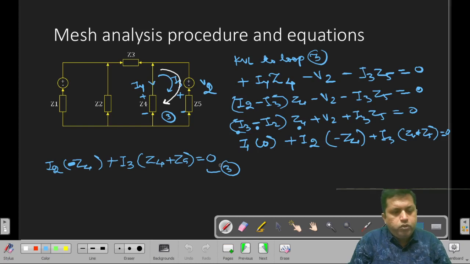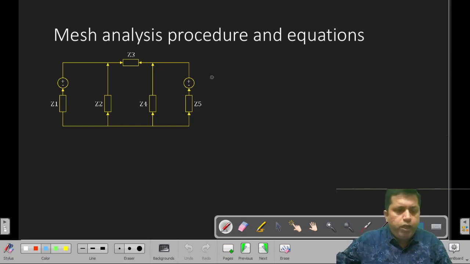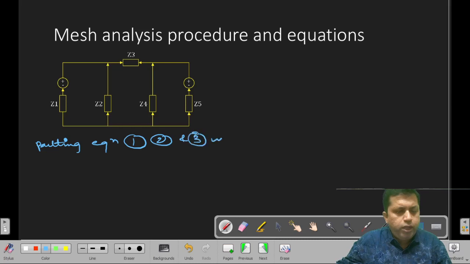Okay, so what I will do is put equations 1, 2, 3 in matrix form. So putting equations 1, 2 and 3 in matrix, what I will get is impedance matrix into current matrix.